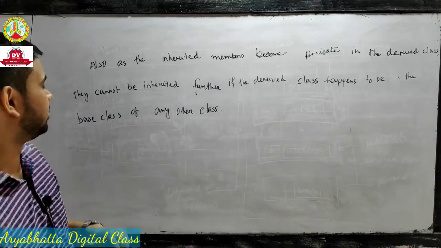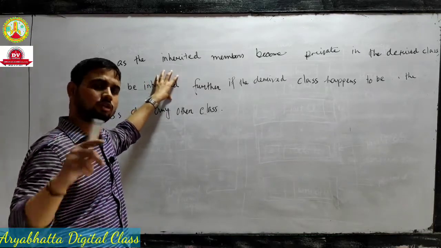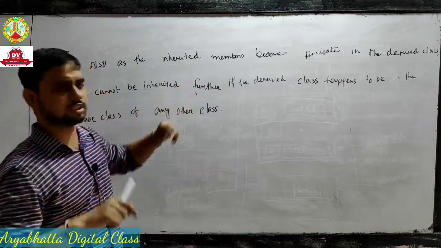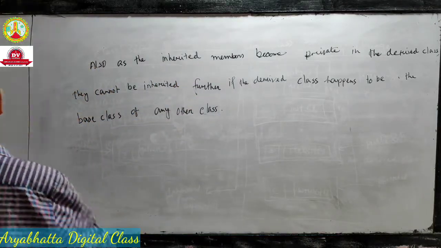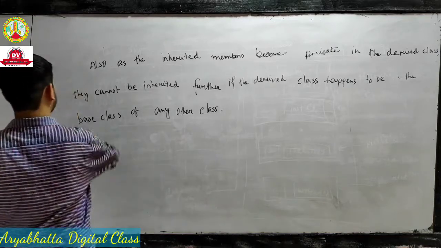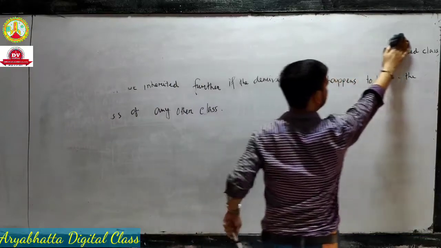In this visibility mode, the data members and member functions will be accessible only within the class, because this is private derivation. Okay, so the next and last topic is the protected visibility mode.